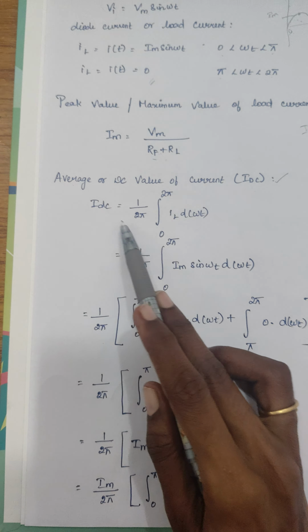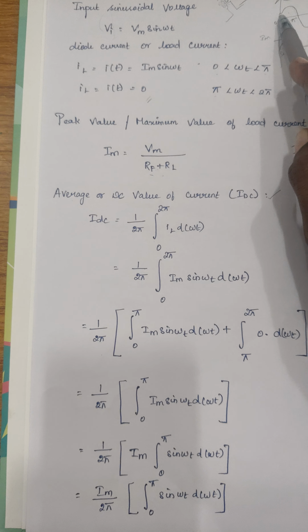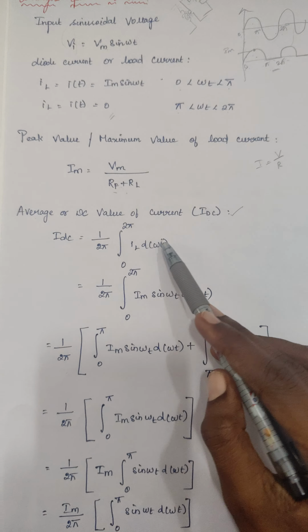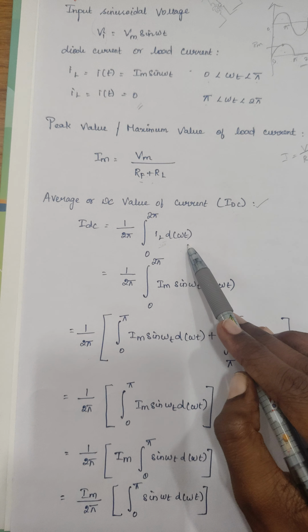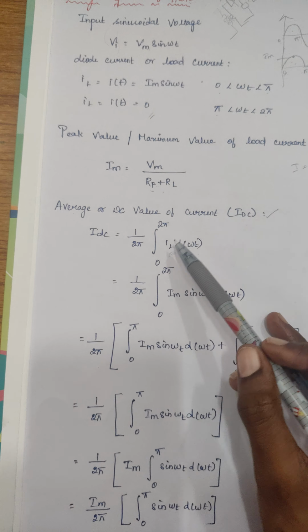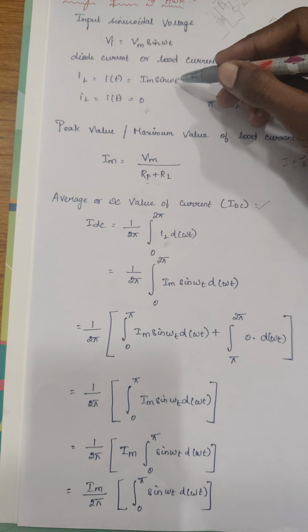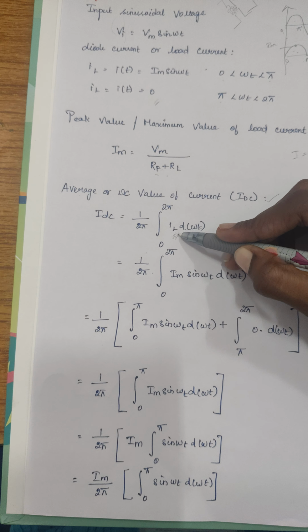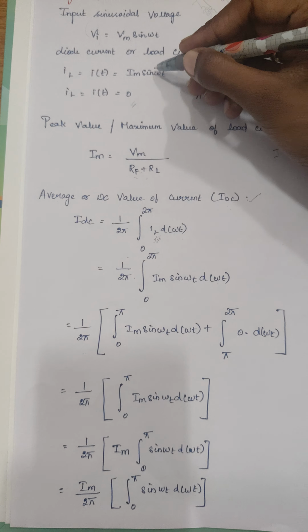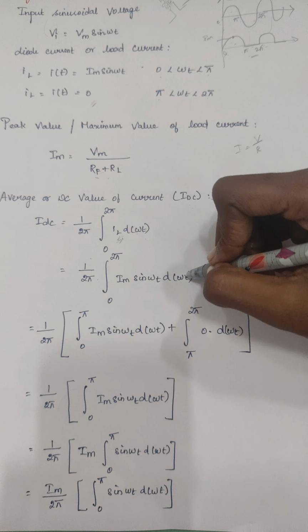IDC is equal to 1 by 2 pi, integral from 0 to 2 pi, one full sine wave, of IL d omega t. The value of IL is Im sin omega t, so substitute this value here: 1 by 2 pi, integral of Im sin omega t d omega t.